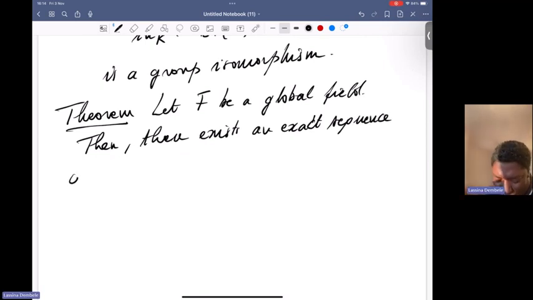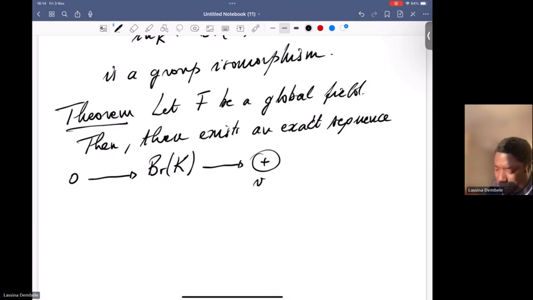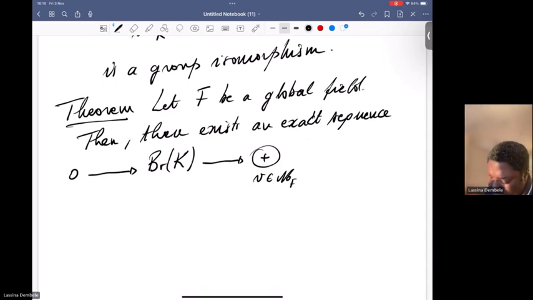The exact sequence is the following. You start with your Brouwer group, and there will be an injection into the direct sum of Brouwer groups over the local fields.